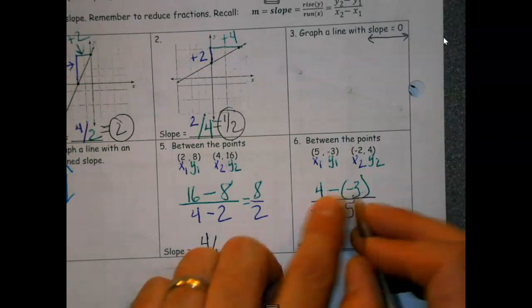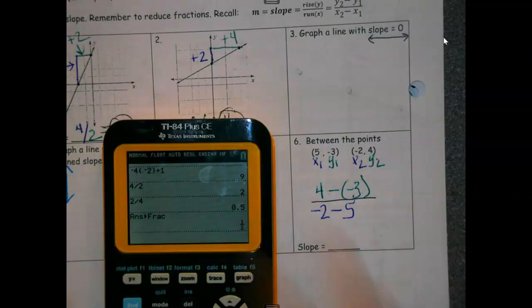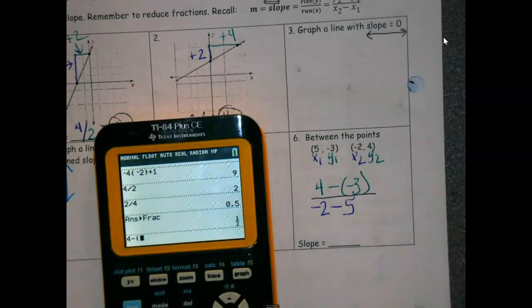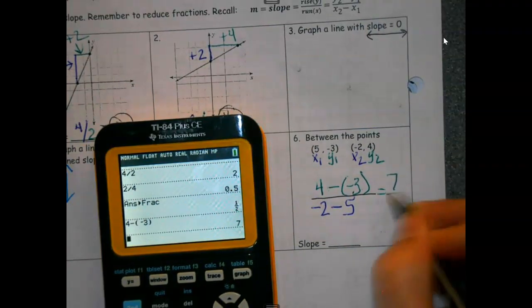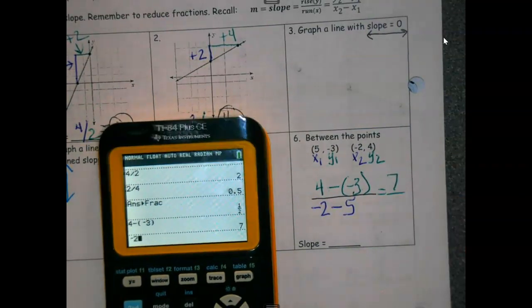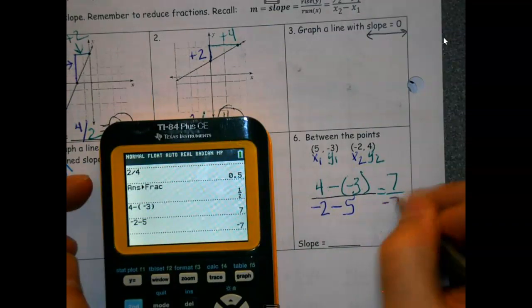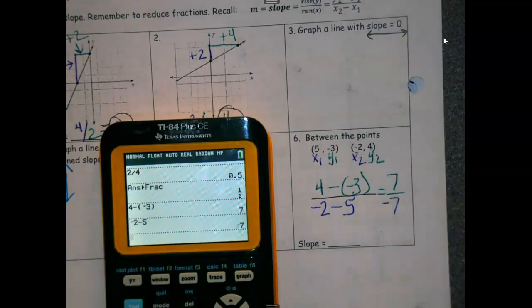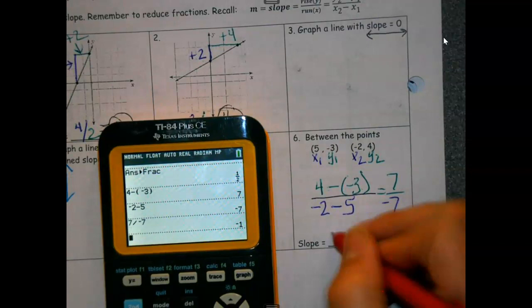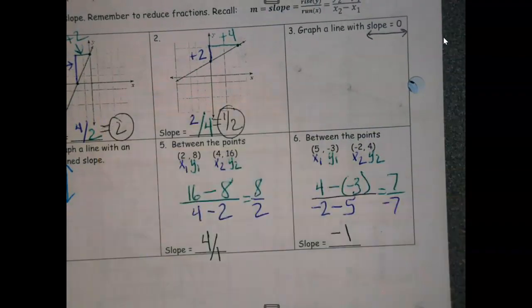Yeah, this really becomes plus. So when I do 4 minus negative 3, that's going to be like 4 plus 3, which is 7. Negative 2 minus 5 is negative 7. Negative 1. And we're in business. All this stuff goes together.